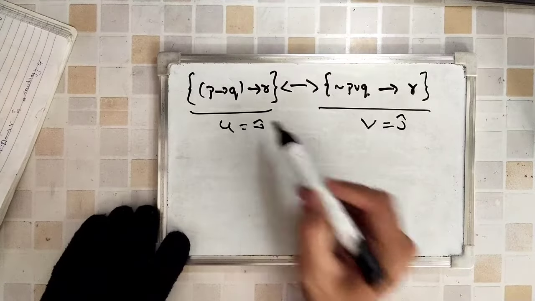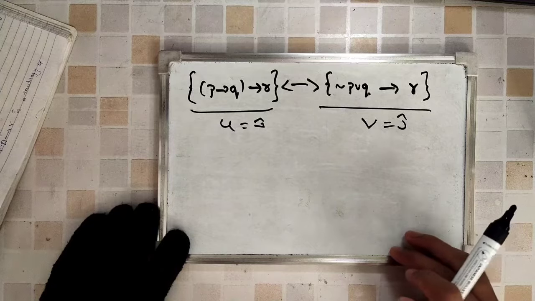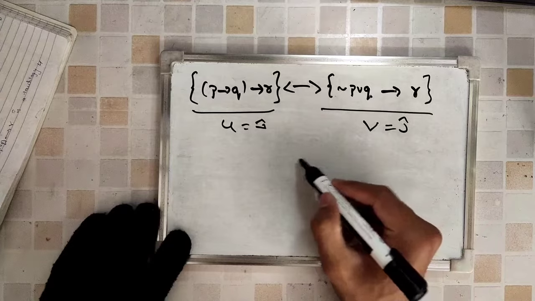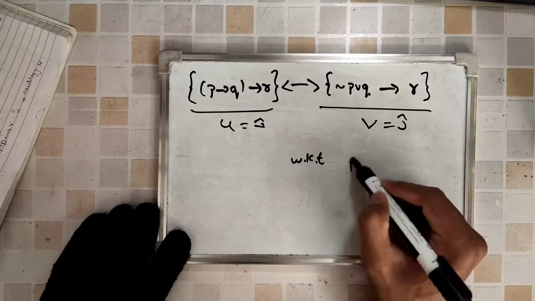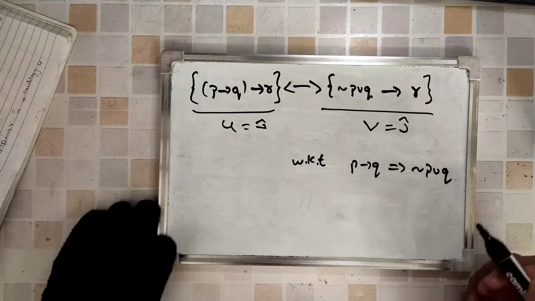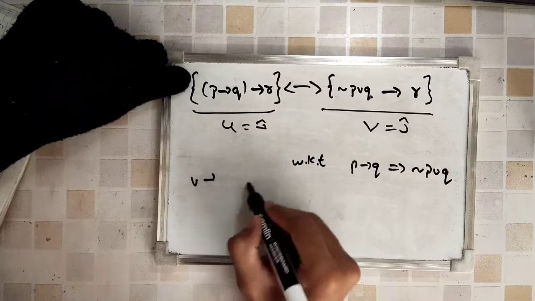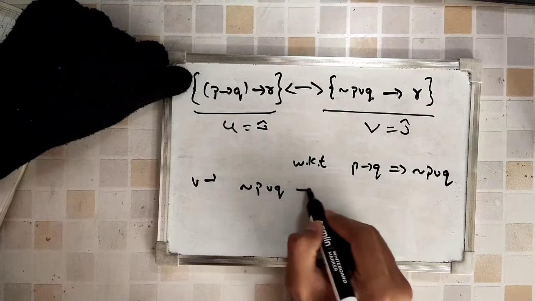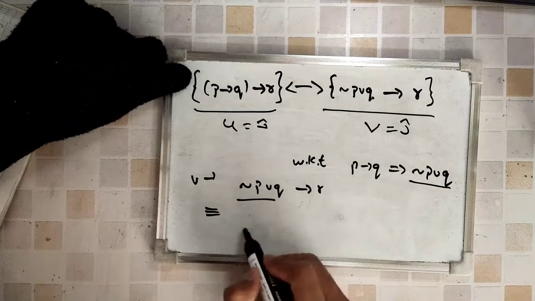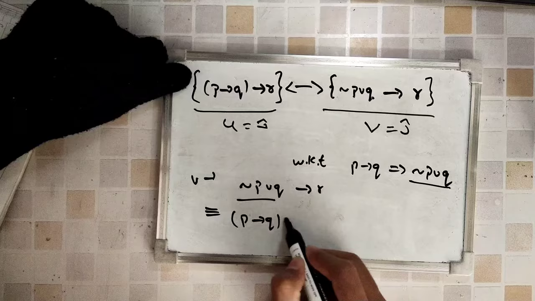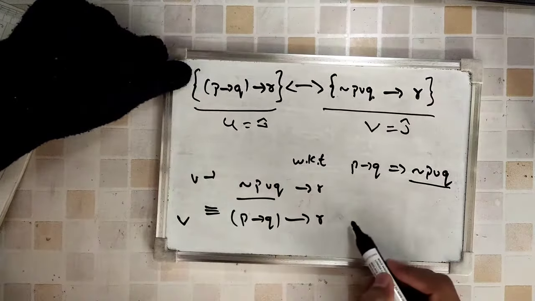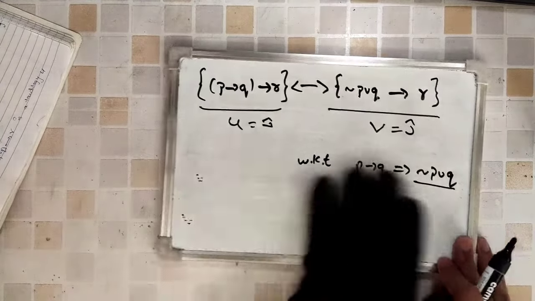Now, P implies Q is logically equivalent to negation P or Q. So in V, negation P or Q implies R can logically be written as P implies Q implies R. So now my V and my U are equal. That's it, done. Understood, right?